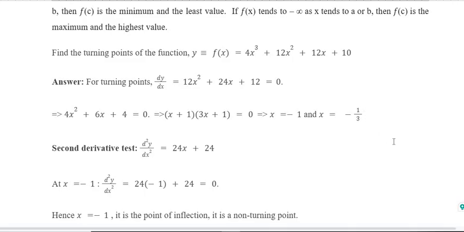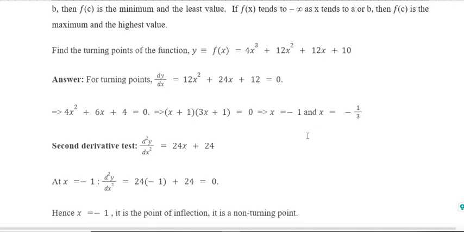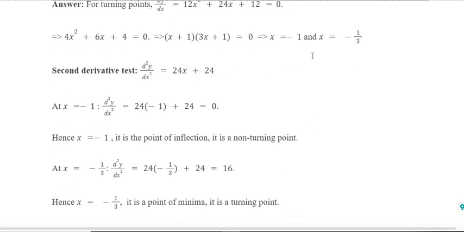Now we have two critical values, x = -1 and x = -1/3. We need to check the second order derivative for both points.